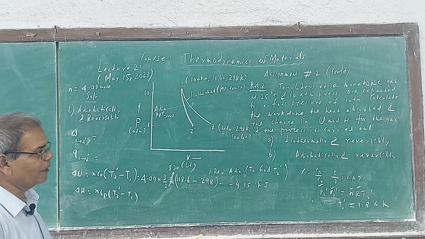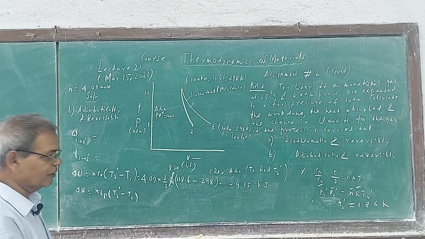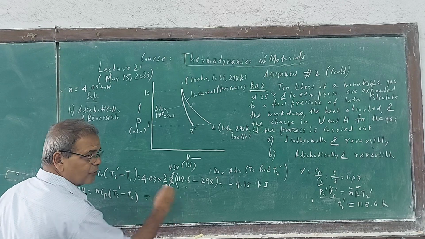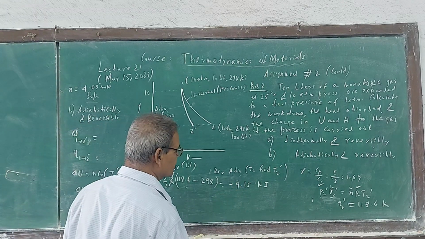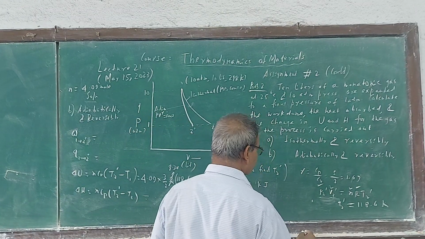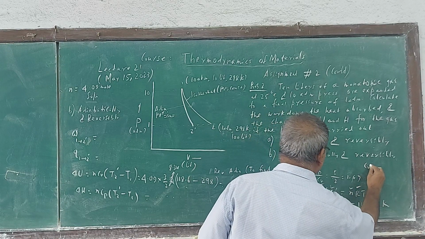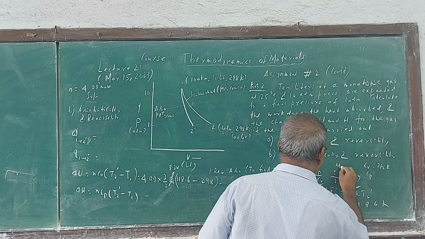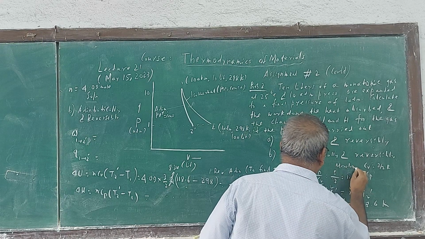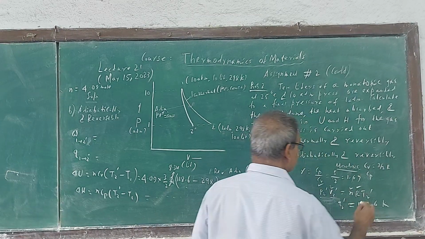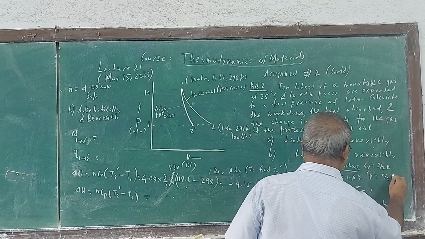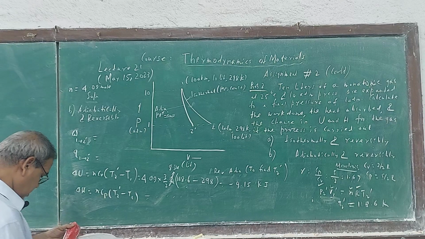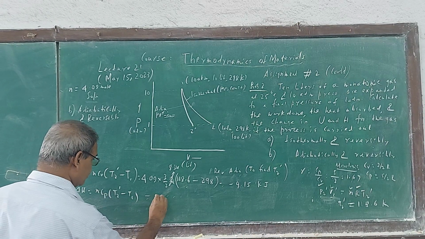Cv is 3 by 2 R, and for a monoatomic ideal gas Cp is 5 by 2 R. So substitute this and get the answer. Let us not waste time. It will be minus 15 point something.